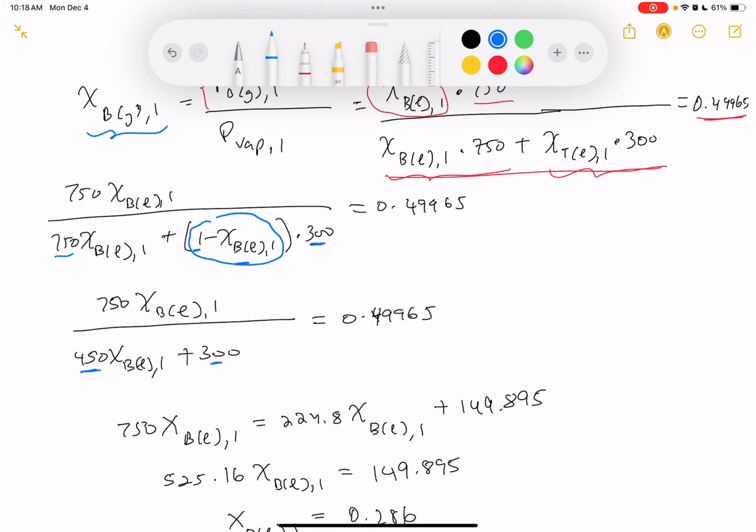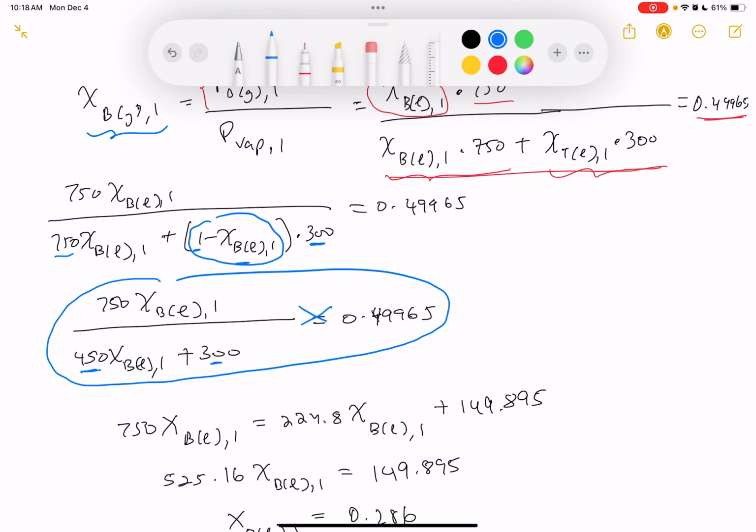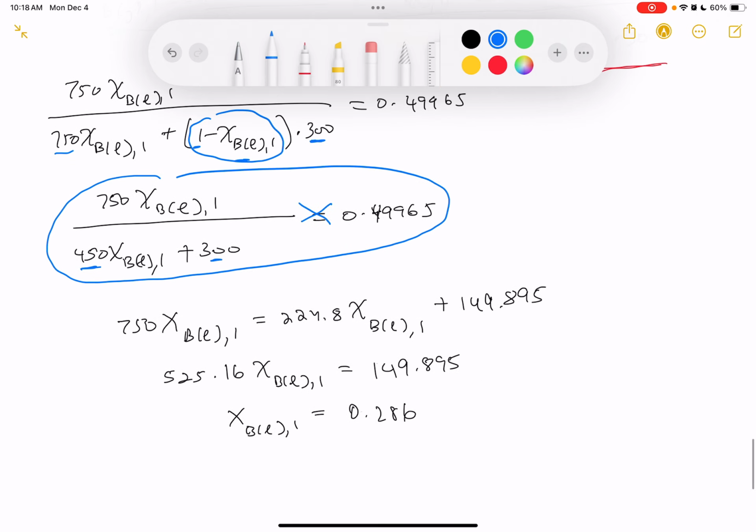So then I have this new expression now. All I need to do at this point is cross multiply. When I do that, I get 750 mole fraction of benzene liquid in 1, and that should equal, the other side is the cross multiplication, 224.8 mole fraction of benzene liquid 1, and then 149.895.